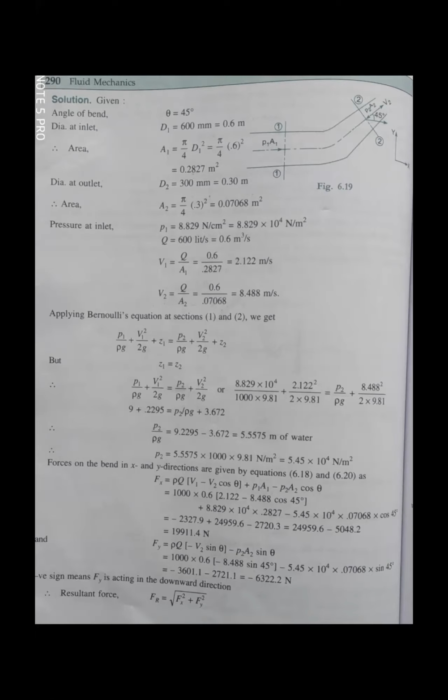And tell me what is the essence of what I told. See, writing the Fx and Fy equation, what I am telling is not to write the equation as written in the textbook, as written in the problem solution, as it is.